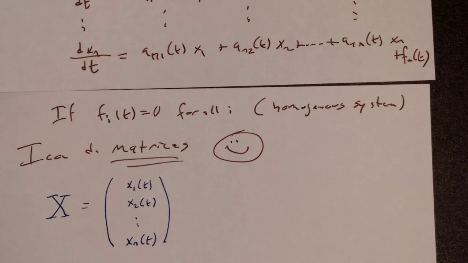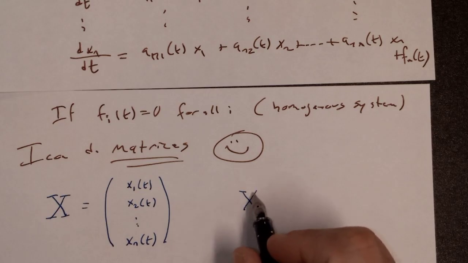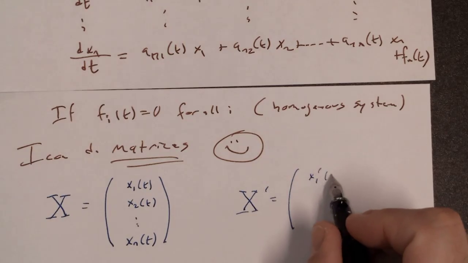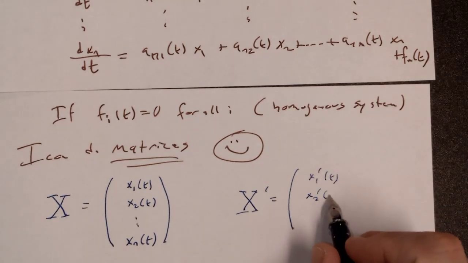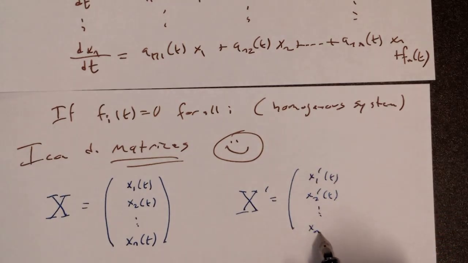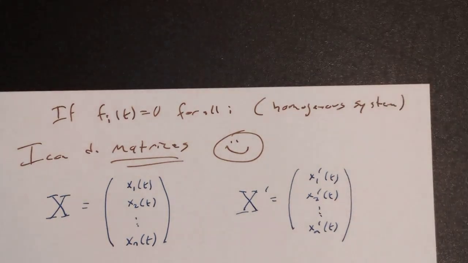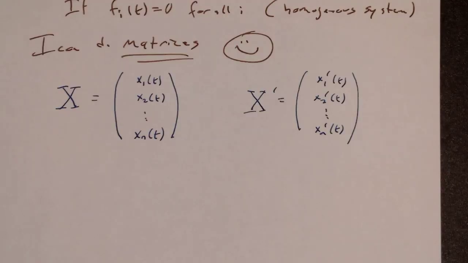Well, then the derivative of this vector, capital X prime, is full of derivatives. Those f's that I was looking at the end of my functions, I can think of those as a vector full of functions as well.